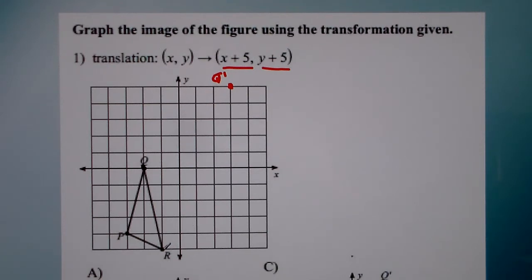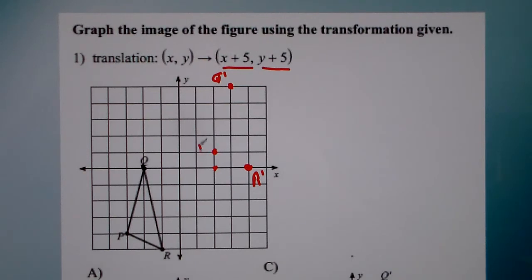We do the same for R. 5 to the right, 1, 2, 3, 4, 5, and then 5 up. This is the location of R prime. P is 5 to the right, 5 up. I think I miscounted. Yes, I did.